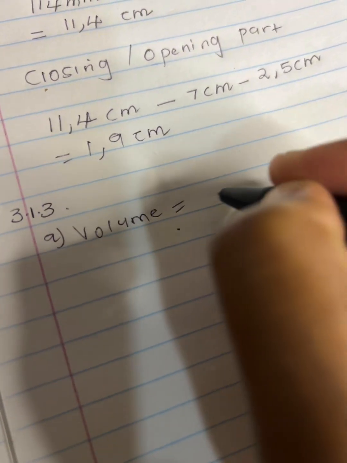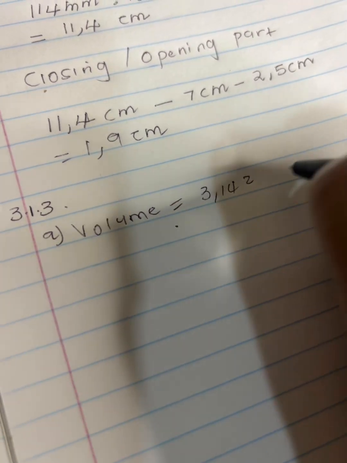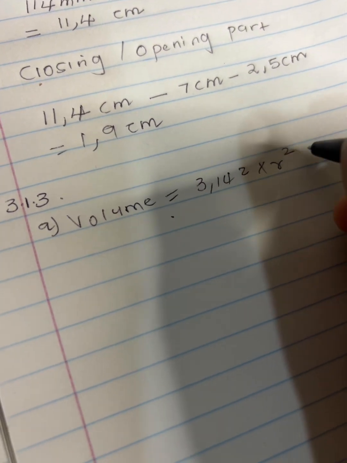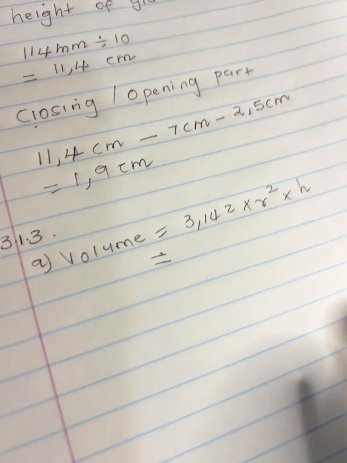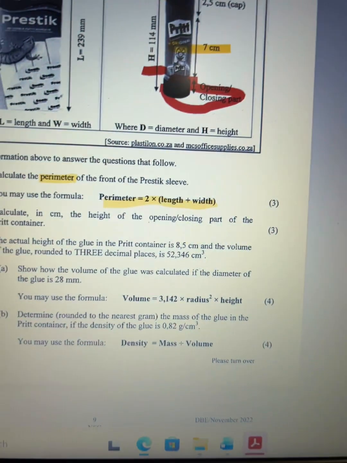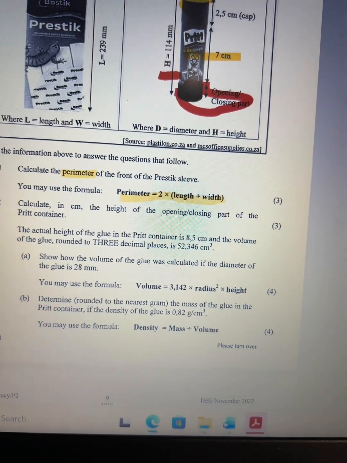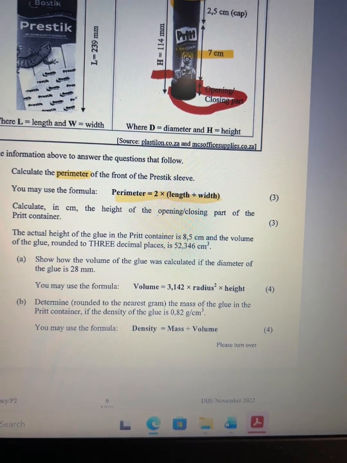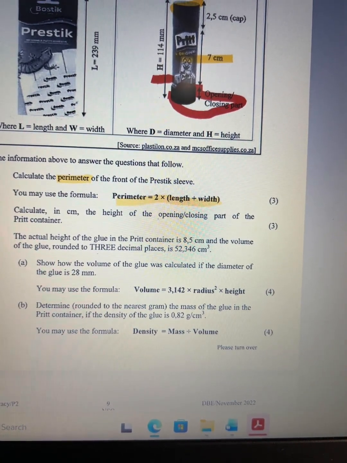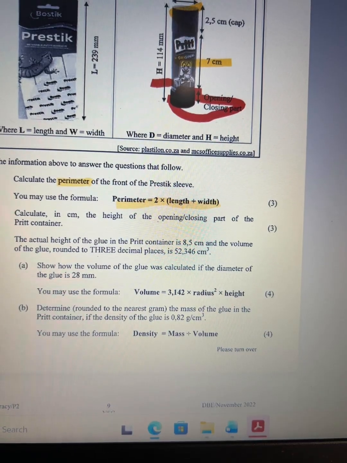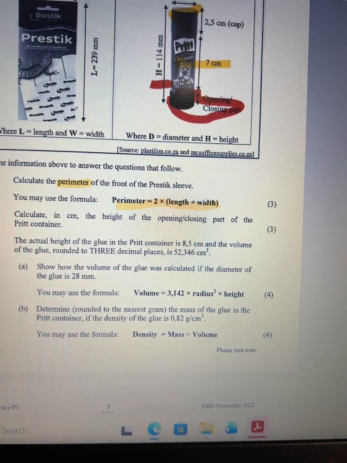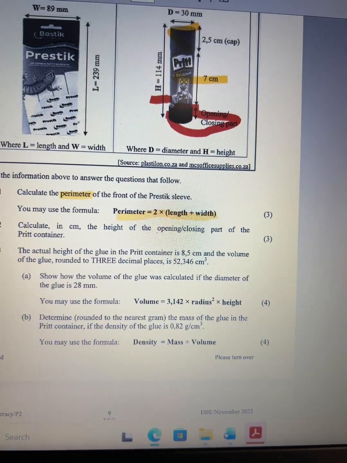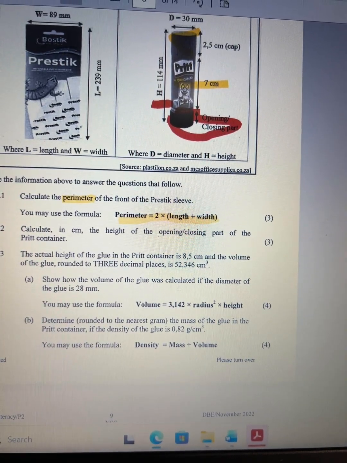So we are going to copy down the formula, which is volume equals 3.142 multiplied by radius squared multiplied by height. This is exactly what we have. And then they have given us the fact that the actual height of the glue is 8.5 centimeter, and the volume of the glue rounded to 3 decimal places is 52,346 centimeter cube.